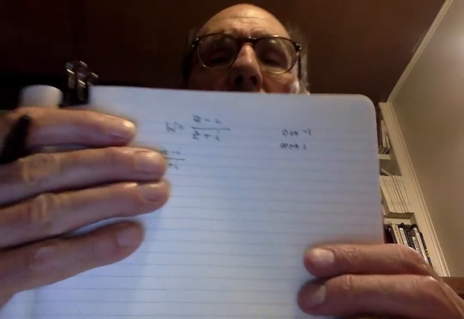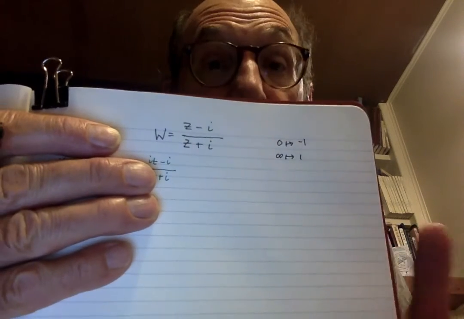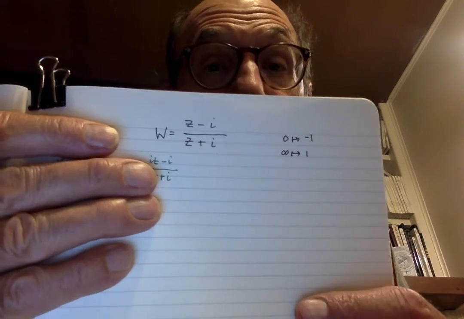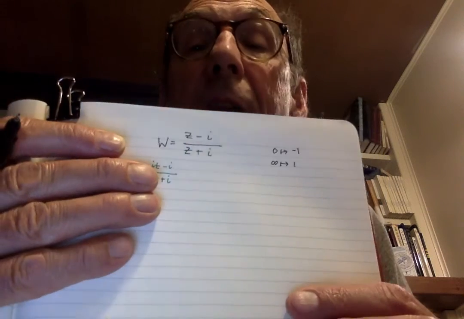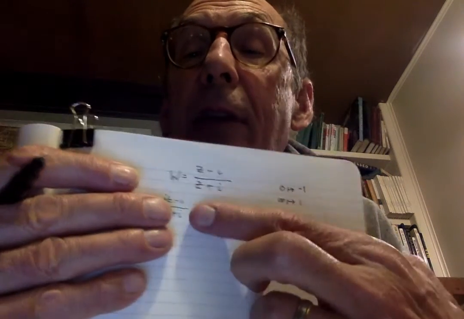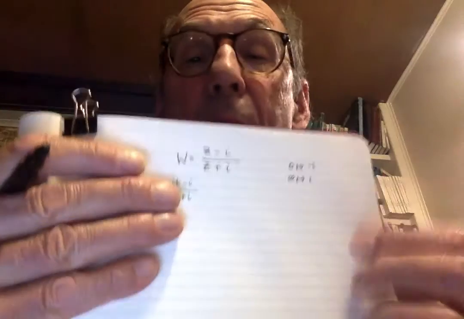Infinity gets sent to 1. I'm treating infinity as something that happens under stereographic projection on the Riemann sphere, and so as z goes to infinity, this approaches 1. So there it is. We're in good shape that way.